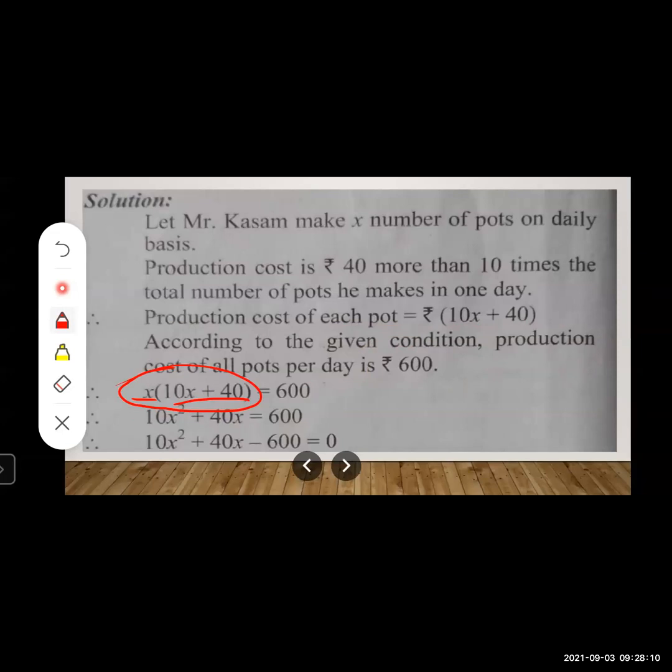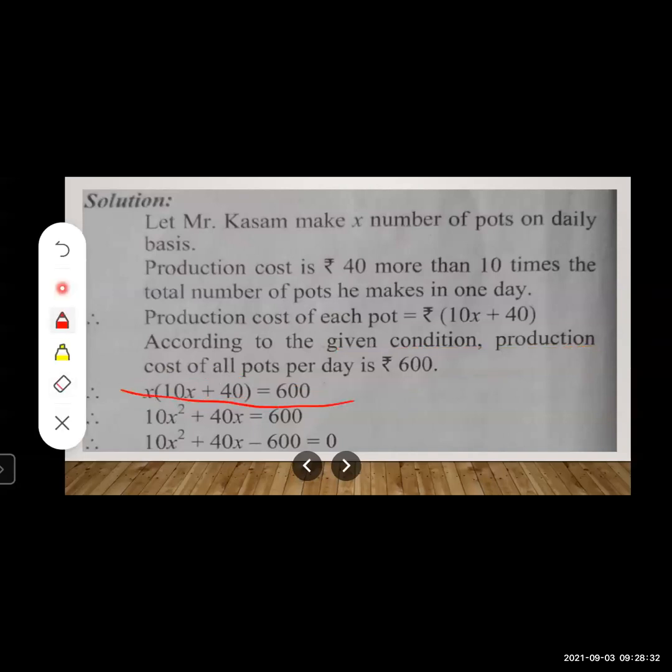And that total cost will be nothing but 600. So this is how you get the second condition according to this line: production cost of all pots per day is equal to 600. Here you have got this simpler form.